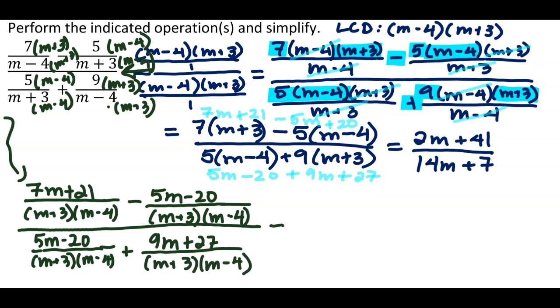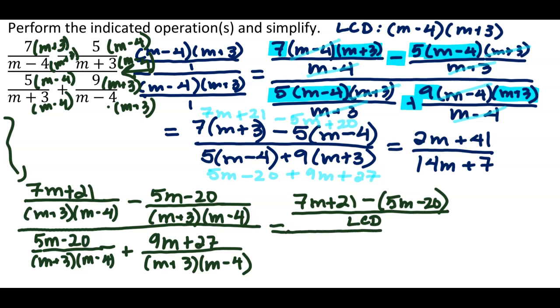Okay, so when we go to do this addition and subtraction, that basically means you can combine them into a single fraction. So I'm going to get a 7m plus 21 minus a 5m minus 20. I'm being very careful with parentheses. Since the denominators are all the same here, I'm going to do my shorthand temporarily and write that as just LCD.